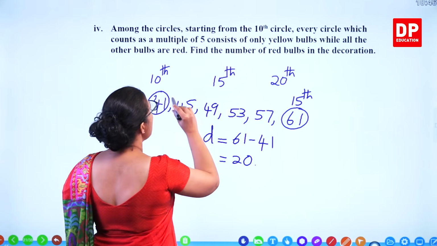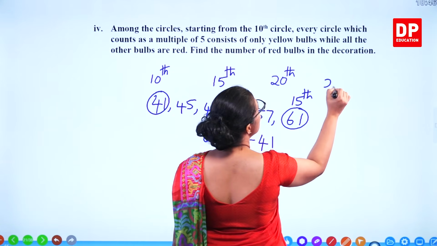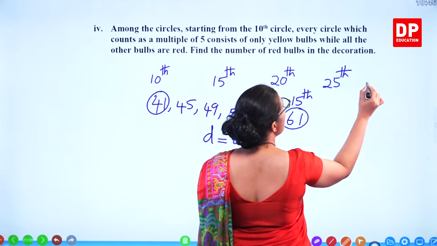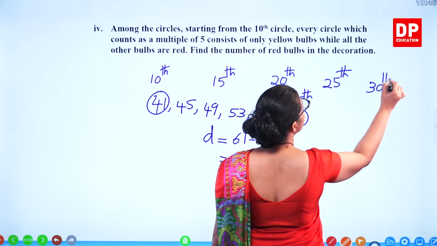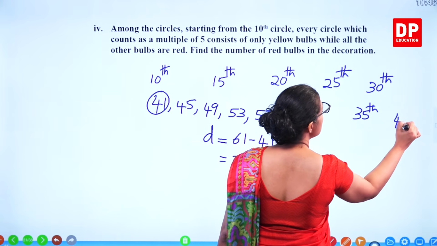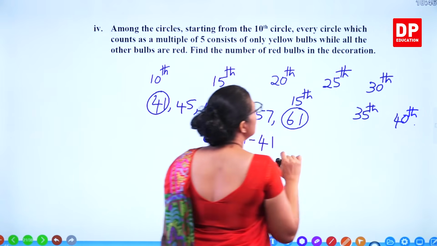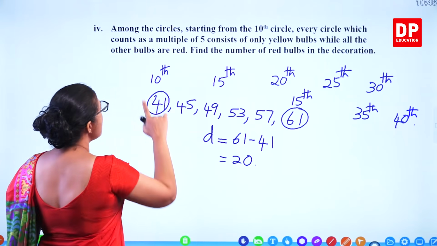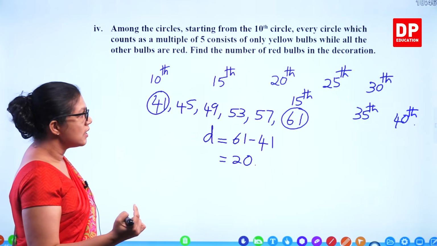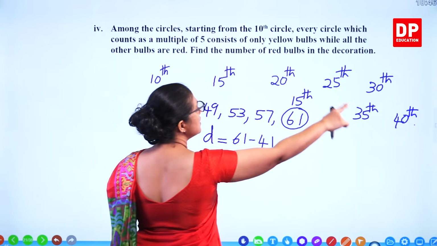40. So 10, 15, 20, 25, the 25th one and 30th, 35th and 40th. So those are the yellow bulbs. So that means we have to find out the total.